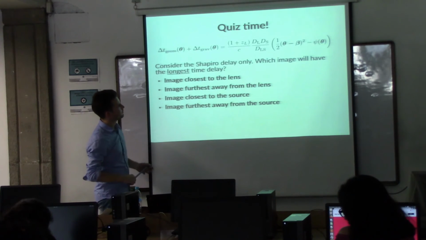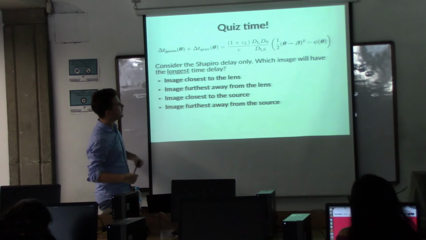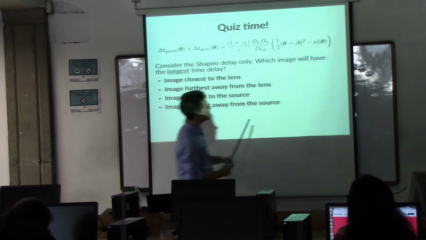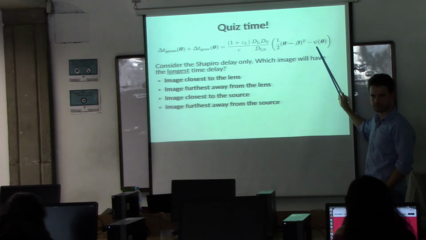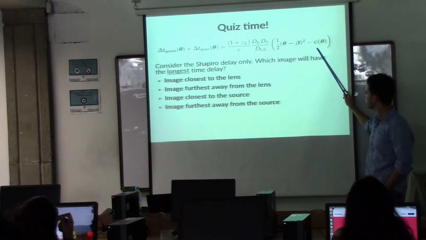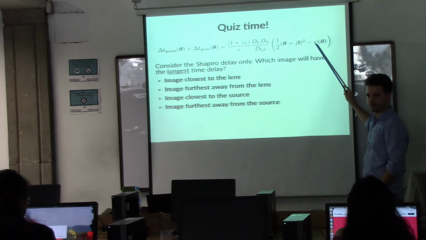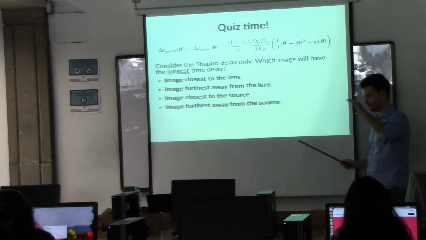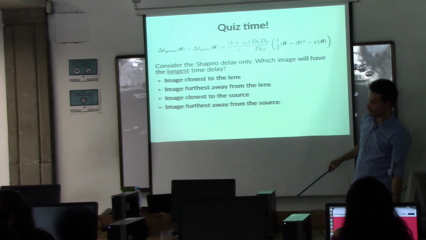And we know that the time delay is basically proportional to minus the lensing potential. So we saw before that the lensing potential is going to be always negative. Minus something negative is positive. And we know that the lensing potential gets more negative the closer you get to the lens.